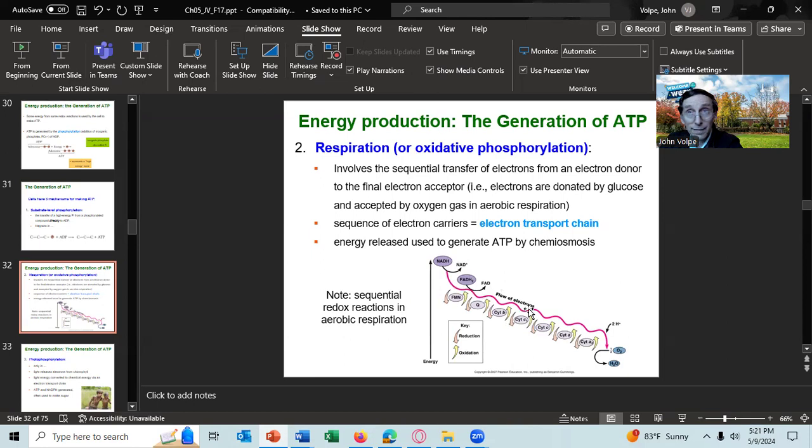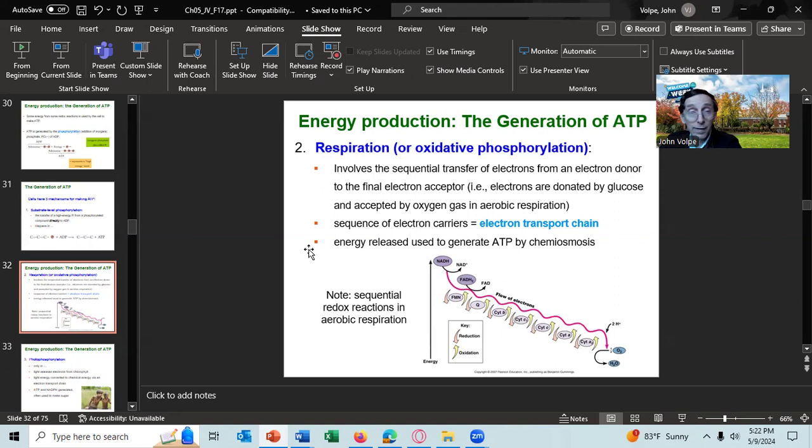And that way the cell can release that energy in controlled ways. And the temperature of the cell will not get so hot that it'll fry the cell. Because when you burn glucose, it gives off a lot of energy, breaking it down to CO2 and water, by the way. All right, any question about any of that?